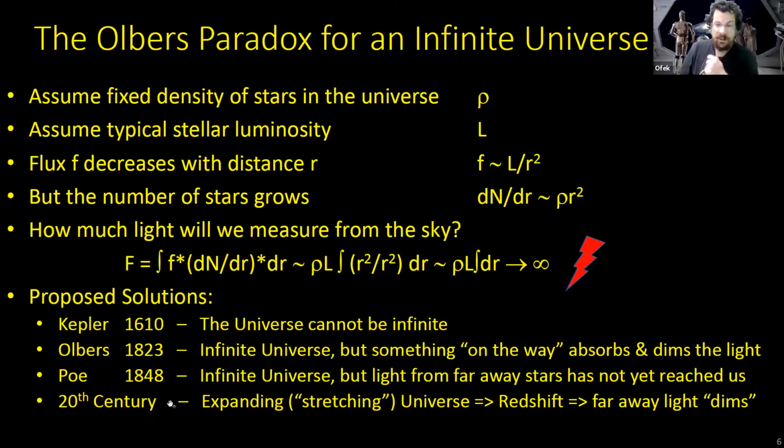The 20th century and relativity gave us a new explanation, the cosmological explanation, which was that the expanding universe, or rather the stretching universe, we'll talk about that in 2 weeks in our final class about cosmology, caused light from faraway sources to shift to the red, that is, lose energy.